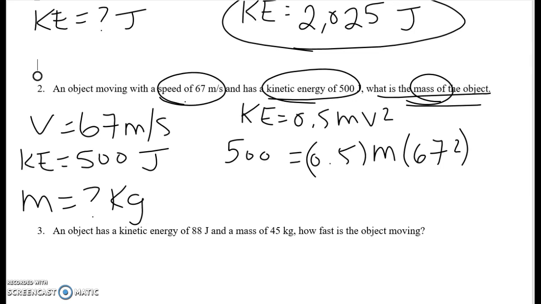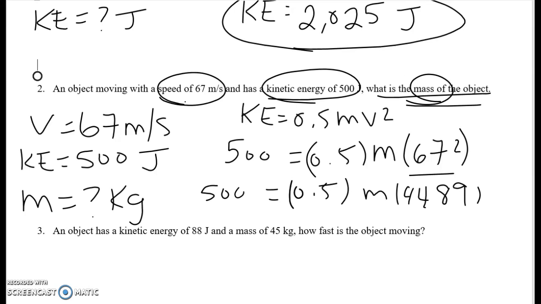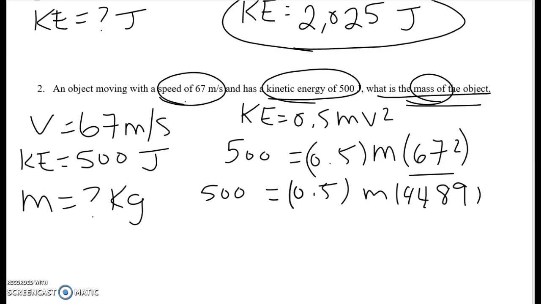So now the first thing that I'm going to do is simplify this. 67 squared, I can plug that into my calculator, is 4489. I still have my variable, so I'm dropping that down, and I still have the 0.5. And that equals 500. Then I'm going to simplify the 0.5 and the 4489.